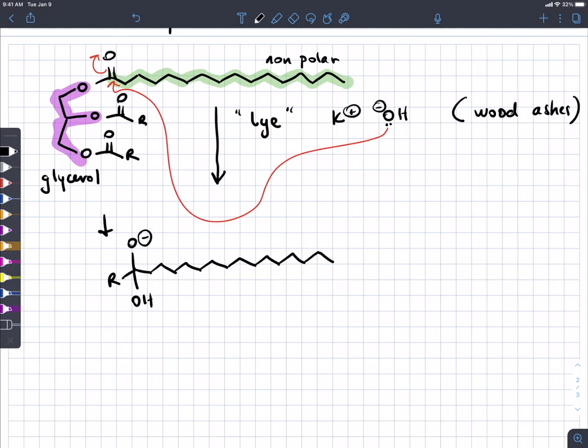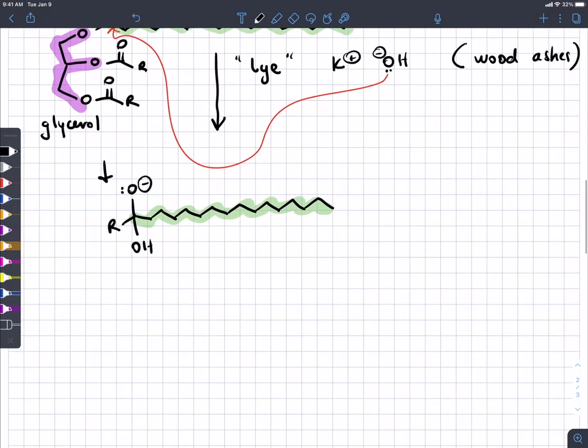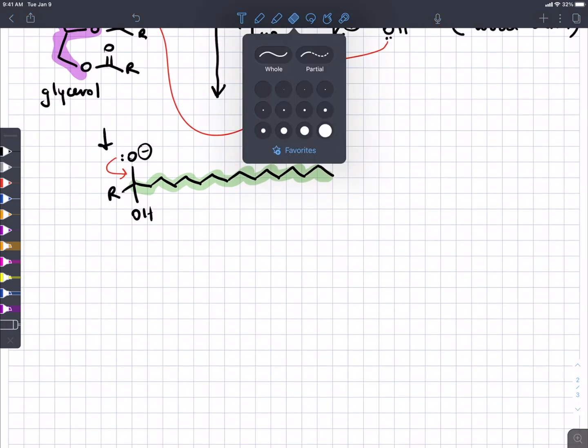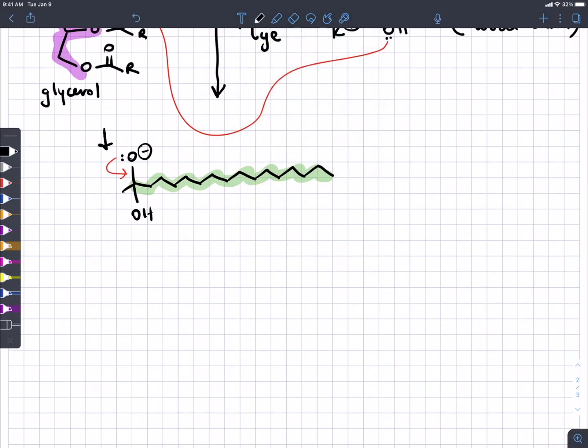Except with the long hydrocarbon chain. Oh well. Then lone pair electrons, just as we did above with ester saponification, can kick off the glycerol portion of the molecule, the glycerol alkoxide.